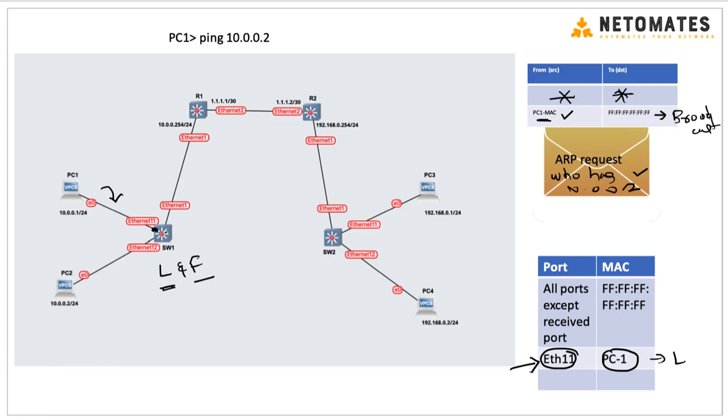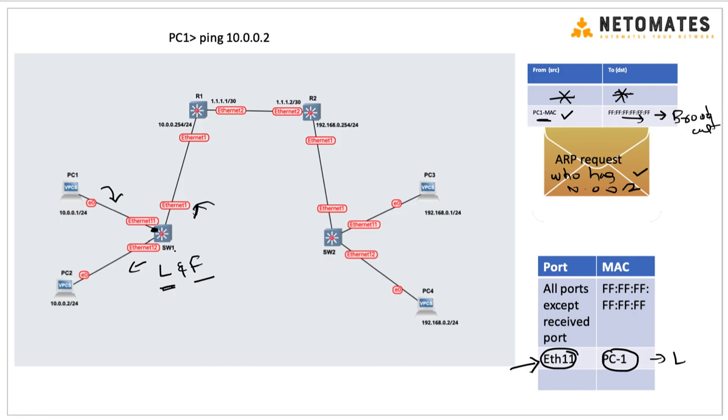Next, it needs to look at the destination MAC address and forward the packet. In this case it is all Fs. When the switch sees all Fs in the destination MAC address, it will send the packet to all the ports except the received port. This ARP request was received on port 11, so it will send it this way and this way. It will make two copies of it.